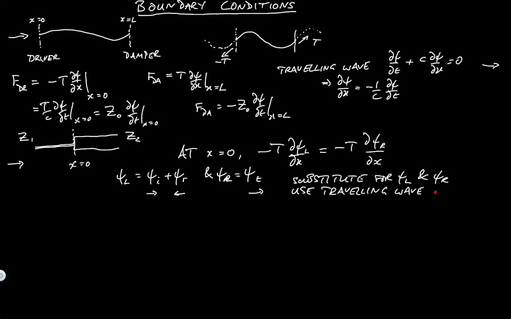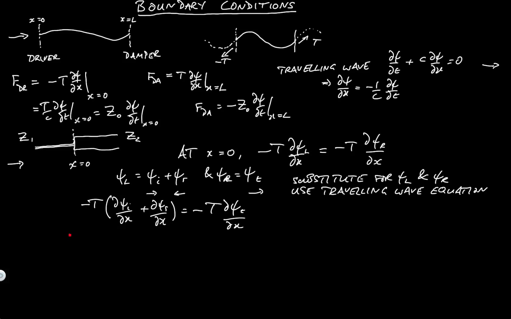And we're going to need to note that there will be a difference in sign between the reflected and the incoming wave. So when we do that, we have that minus T into d psi I by dx plus d psi reflected by dx is equal to minus T d psi transmitted by dx.